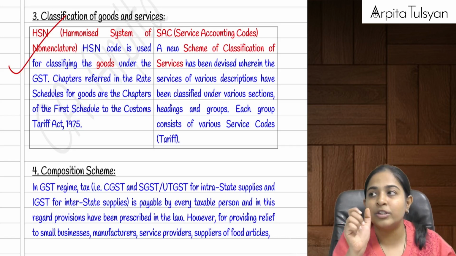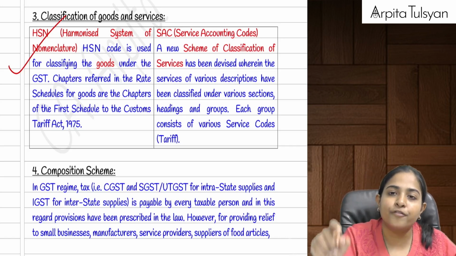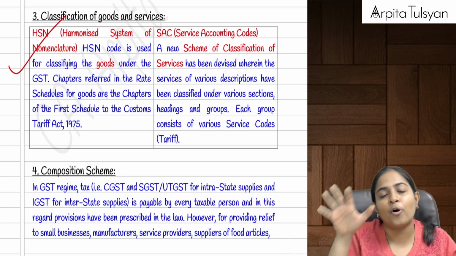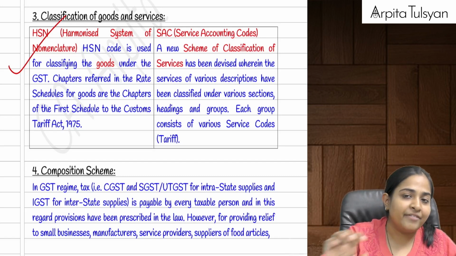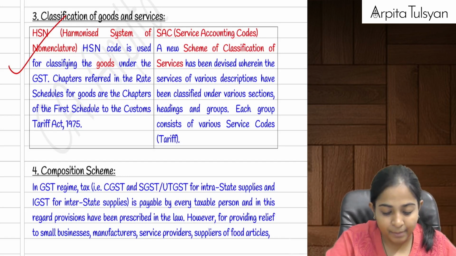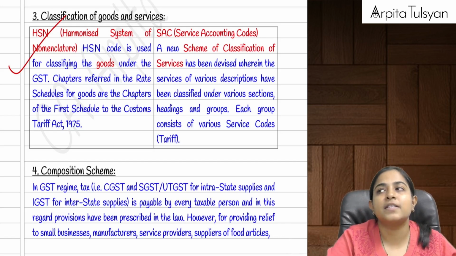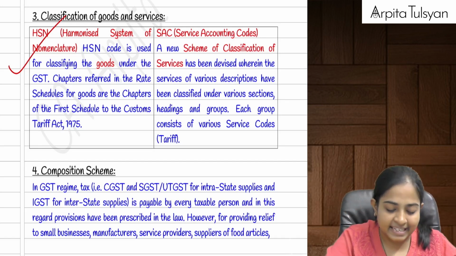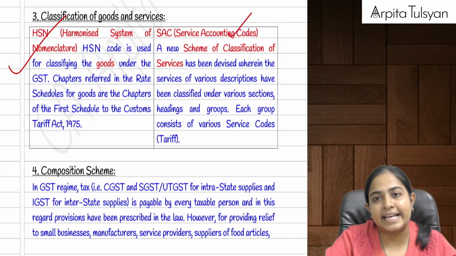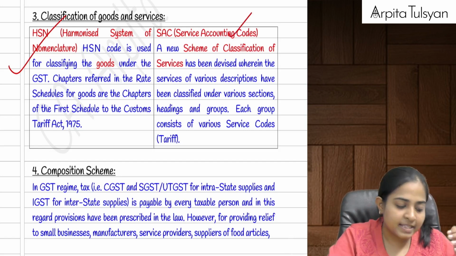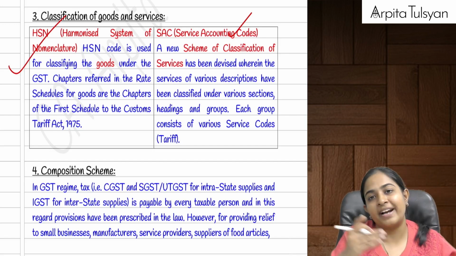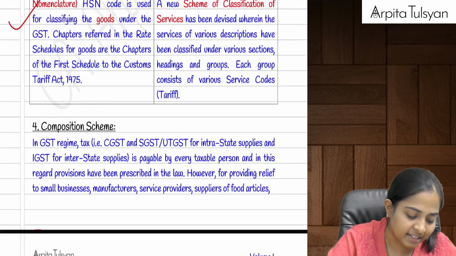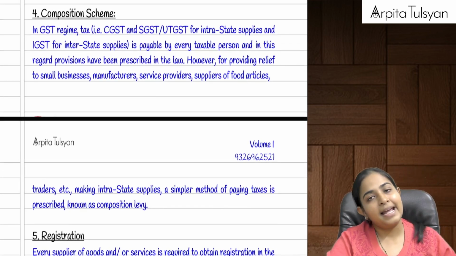We are going to do the naming or numbering of the goods as per this, and on the basis of that, we are going to decide the rate of GST that will be applicable. And for services, we are going to use the concept of service accounting code, that is SAC. On the basis of SAC, we are going to divide the services and then decide the rates of GST that will be applicable.